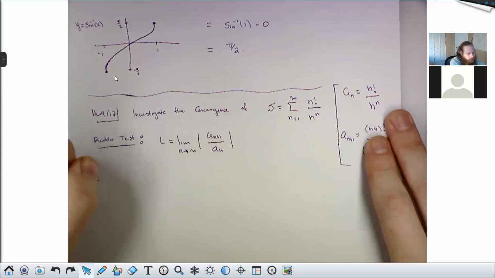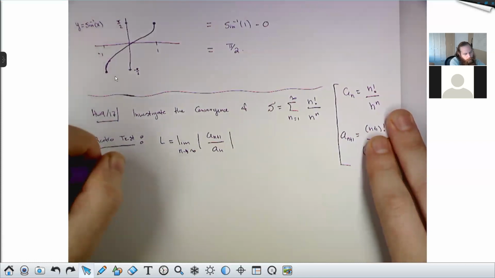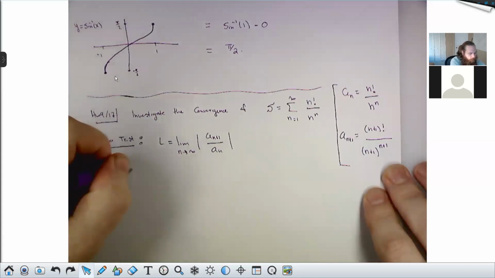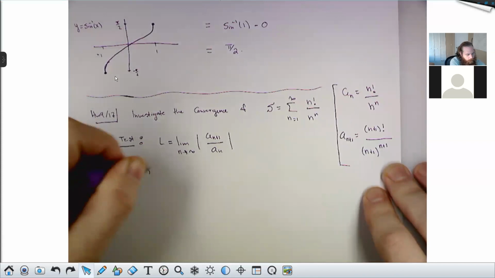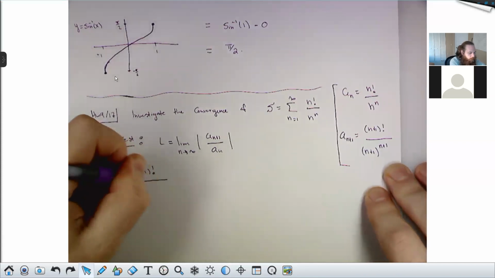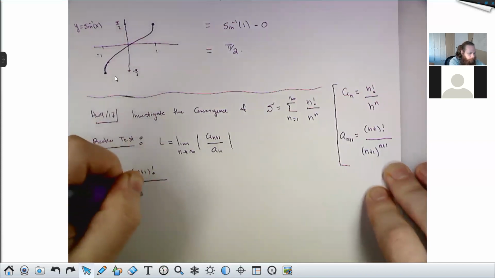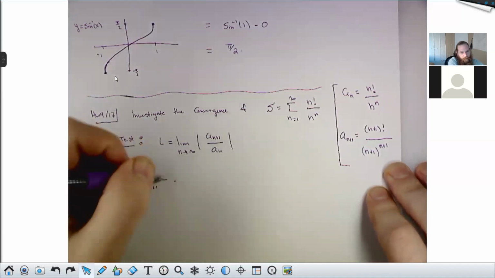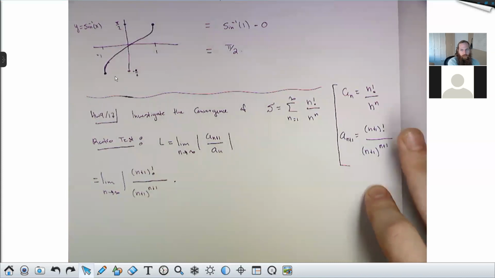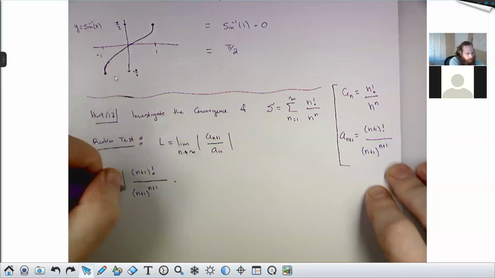Okay, so continuing to calculate L, this is the limit as n goes to infinity of the absolute value of (n+1) factorial divided by (n+1) raised to the n+1. And then rather than dividing by a_n, I'm going to multiply by its reciprocal.